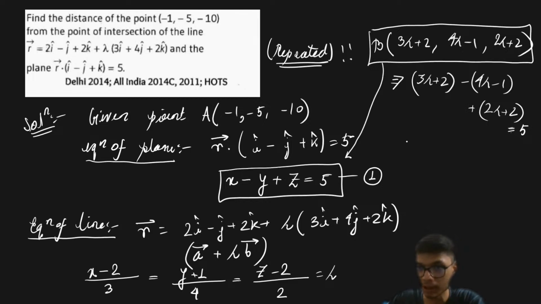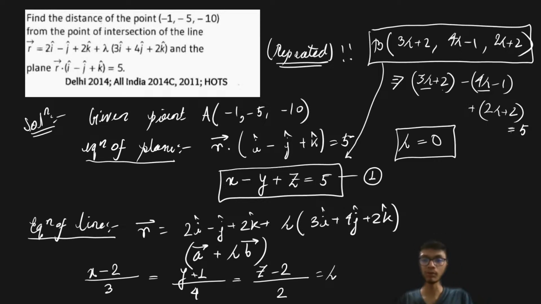If you solve this, you will get lambda, because 3 lambda minus 4 lambda is minus lambda, plus 2 lambda is lambda, right? And this constant part is going to be 2 plus 1 plus 2, that is equal to 5. So you will see that lambda is equal to 0.